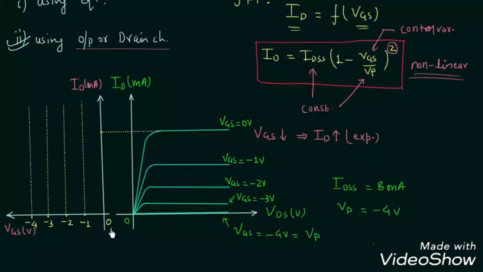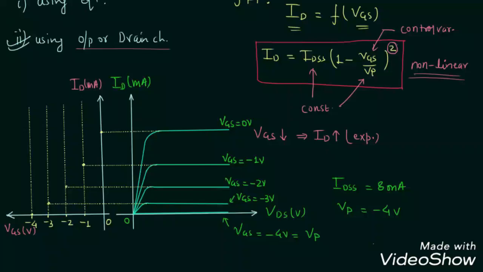So this is the first point. I will do the same thing for the second curve, and we have the second point. For the third curve we have this point. For the fourth curve we have this point, and for the last curve when ID is equal to 0 milliamps we have VGS equal to -4 and ID equal to 0 milliamps.